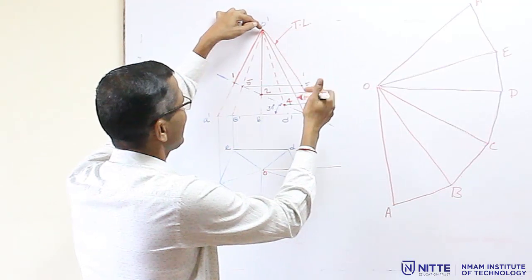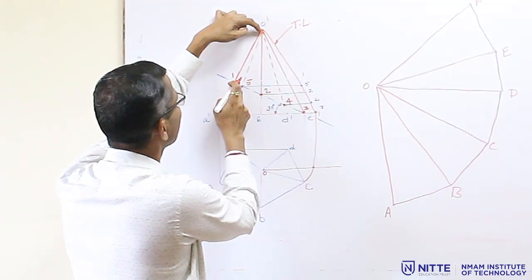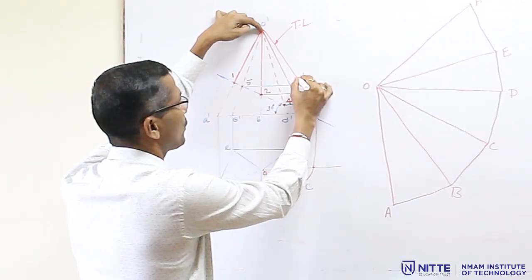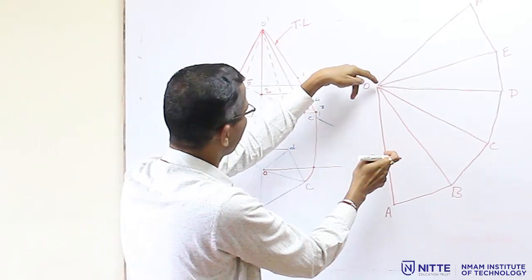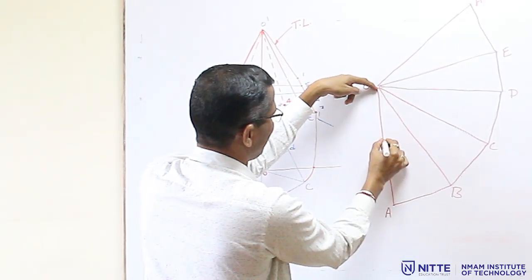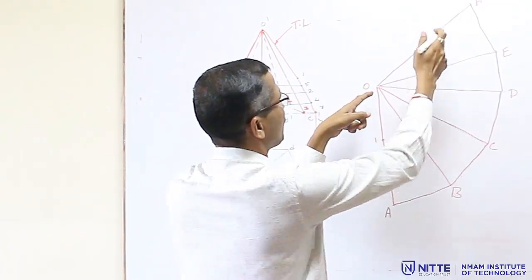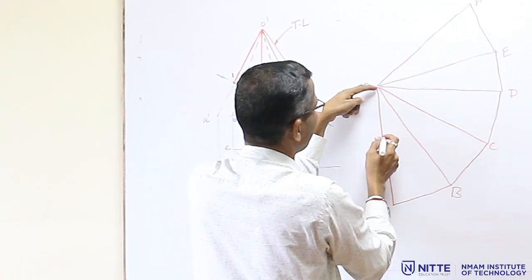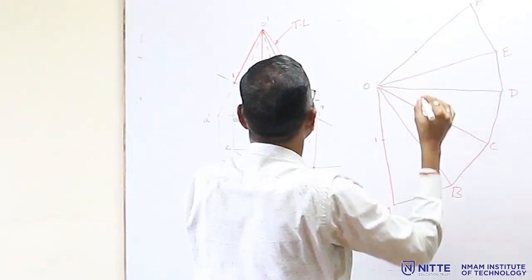For marking that, take the compass and measure on the true length diagram, don't measure this one, this distance, and keep it here on OA. This is point 1. Once again repeat the same, because OE is here also; the same point you marked here, you have to mark it here.